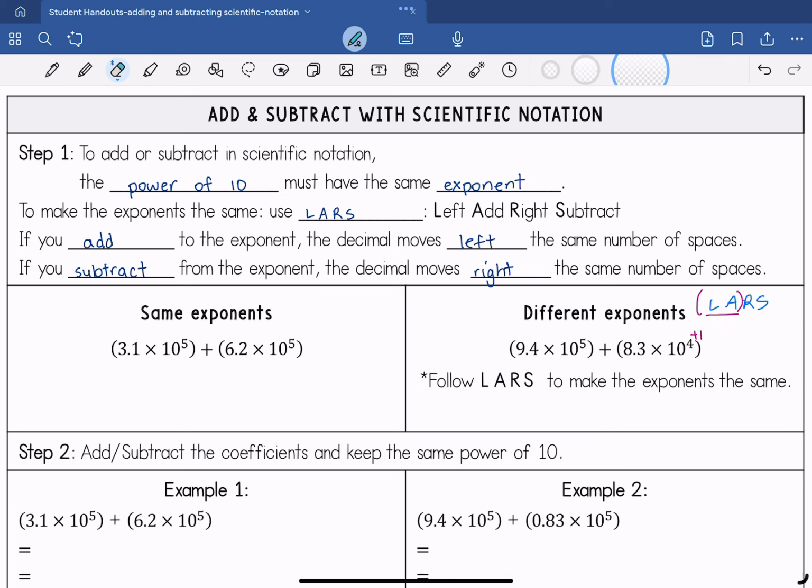The decimal point here is 8.3, and we're going to move it one space to the left. So I'm going to rewrite this as 9.4 times 10 to the power of 5 plus 0.83 times 10 to the power of 5. Now we're going to go to step 2.